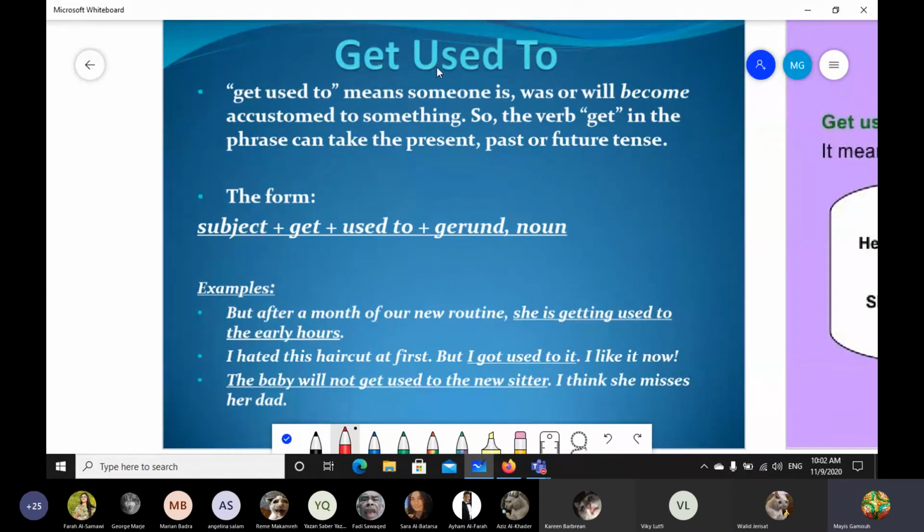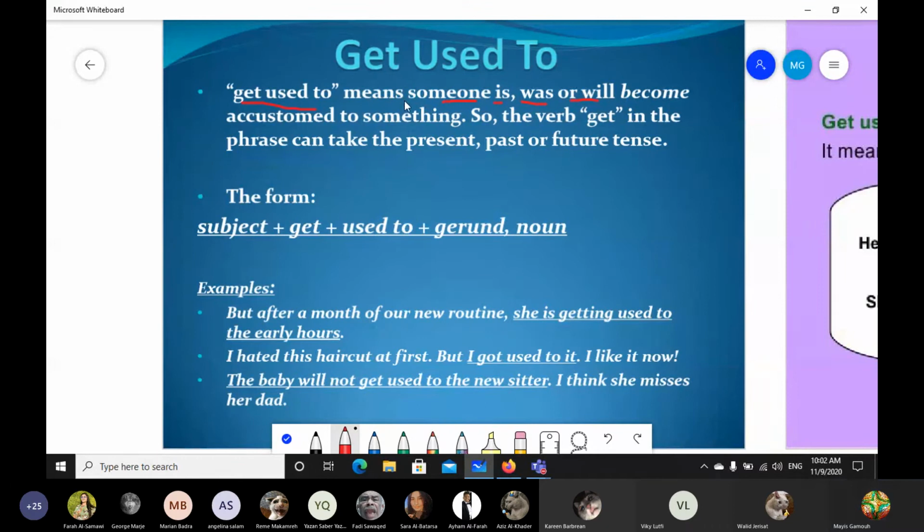لما أنا أحكي get used to، get يعني لسه أنا بدي أخذ، لسه أنا بدي أصير familiar to. So هون get used to means someone is, was or will. معناته برضه بتيجي in the three tenses ماضي past، present حاضر or future.